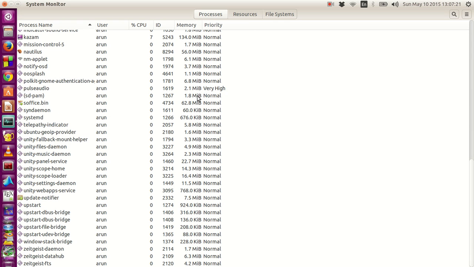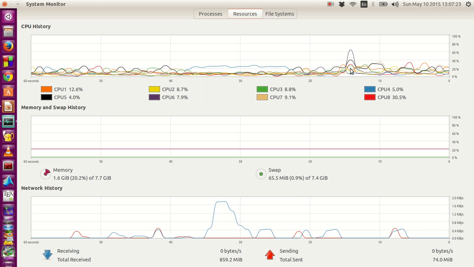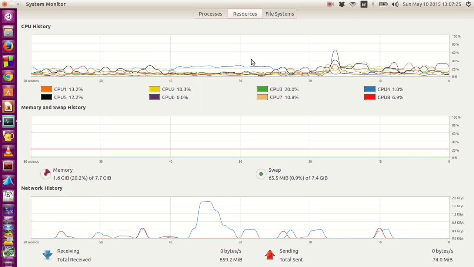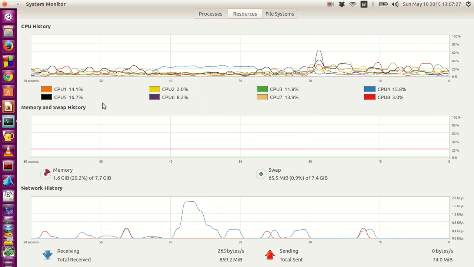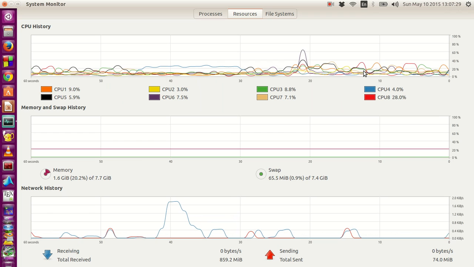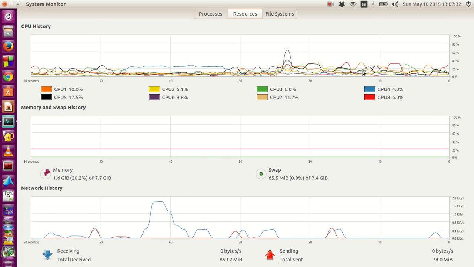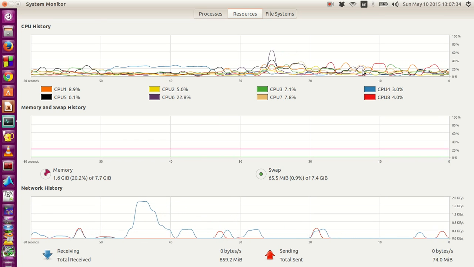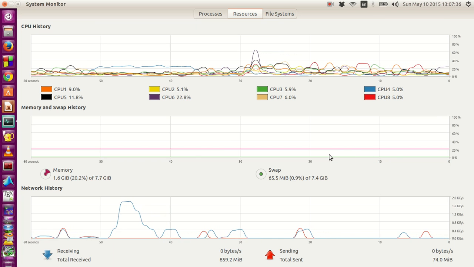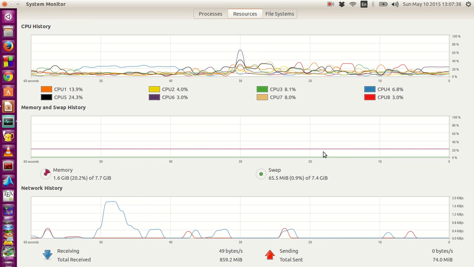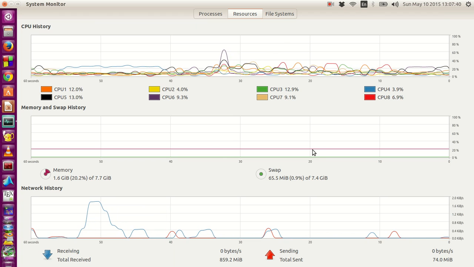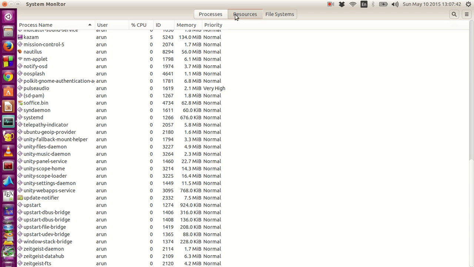Now the processor splits all the jobs among all the CPU threads, and each CPU thread will do some job, and your RAM is used for storing all the memory that is required for running these processes.